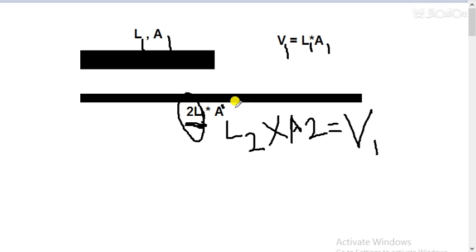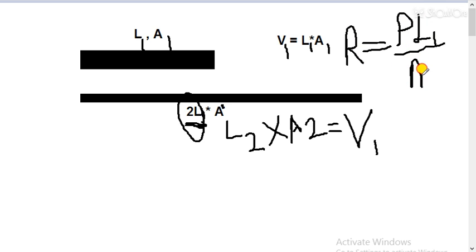Now in the first case, let's suppose resistance is equal to rho into L1 by A1. So this is the resistance of the first case. Now students, in the second case, first I will calculate A2.